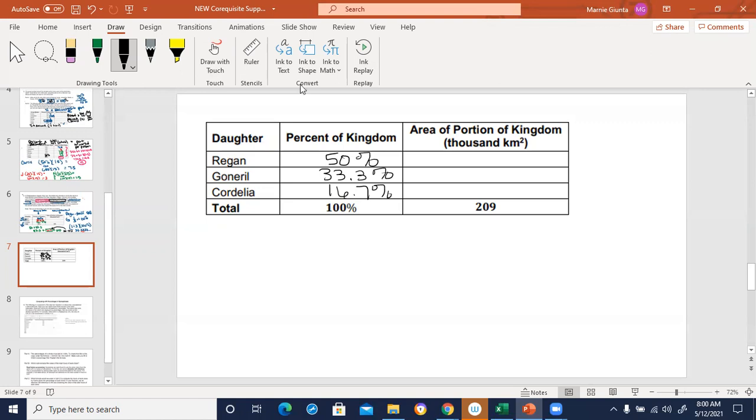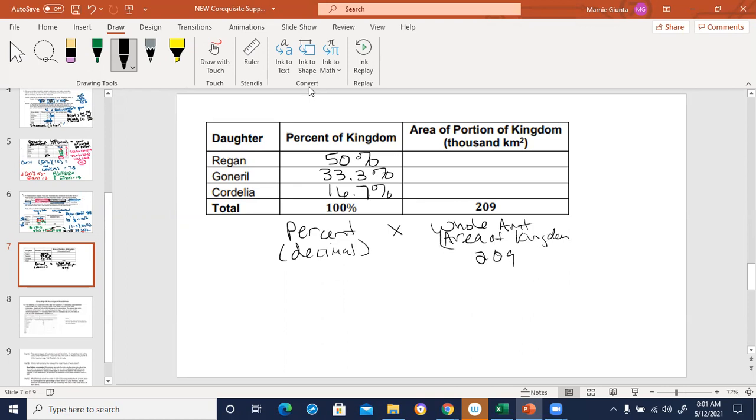And remember how we do that. You take the percent in decimal format as a decimal. You are going to multiply that by the whole amount, which here in this example is the whole area of the kingdom, which is 209.